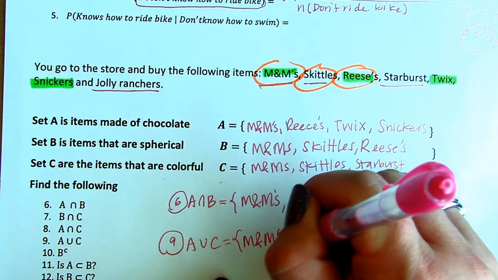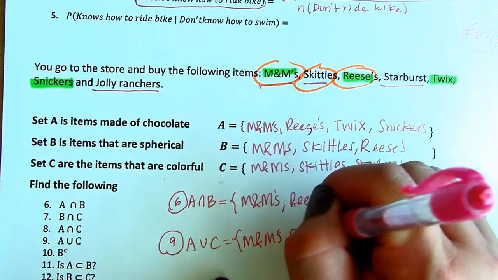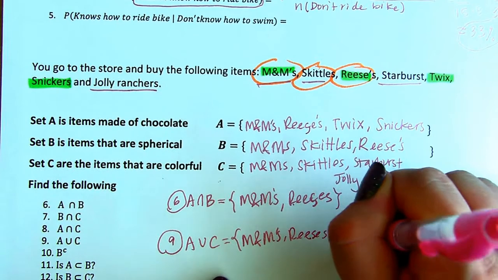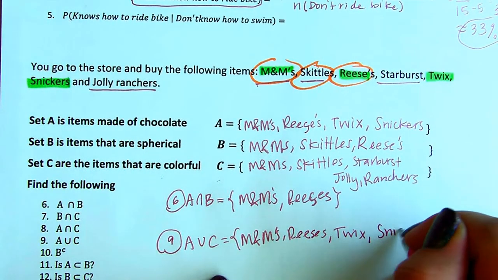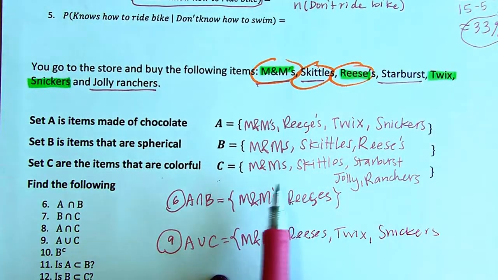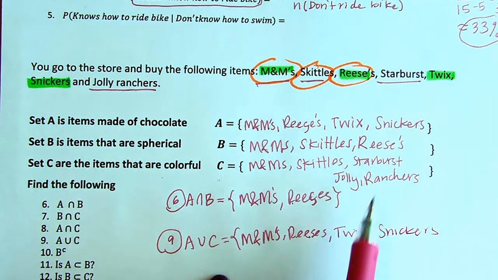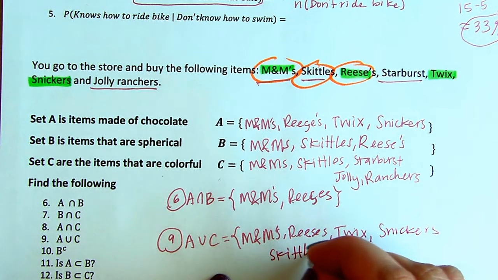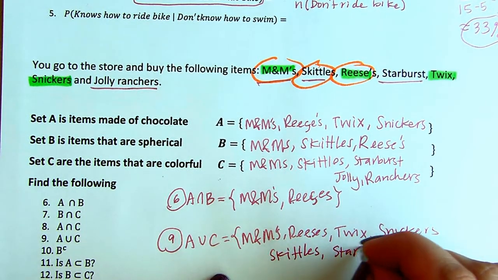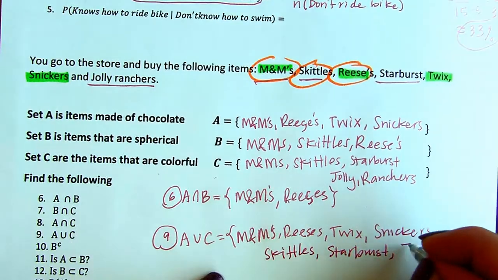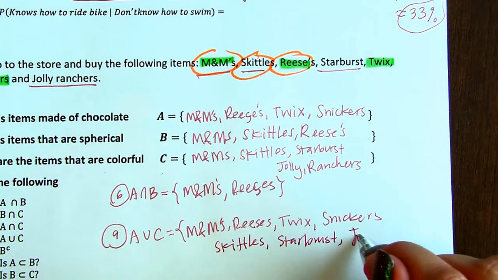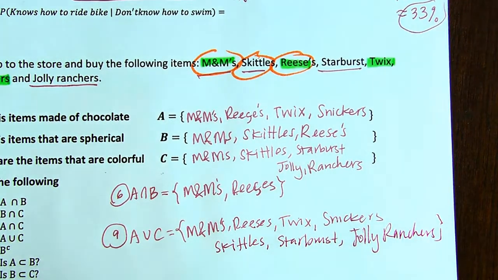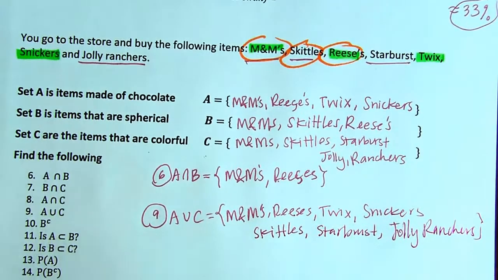Reese's, Twix, Snickers, Skittles, Starburst, and Jolly Ranchers. Okay, that's union.